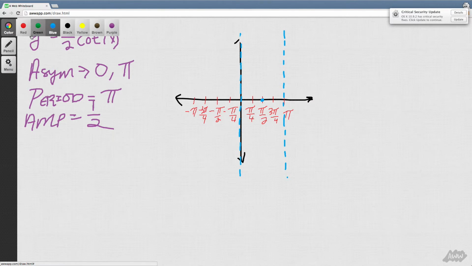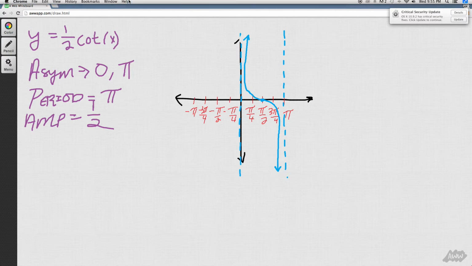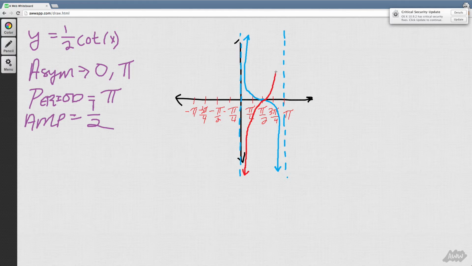So we are rising to the left and falling to the right. Tangent is falling to the left and rising to the right. So that is tangent. This is cotangent. Just to make note of that because it can get confusing.